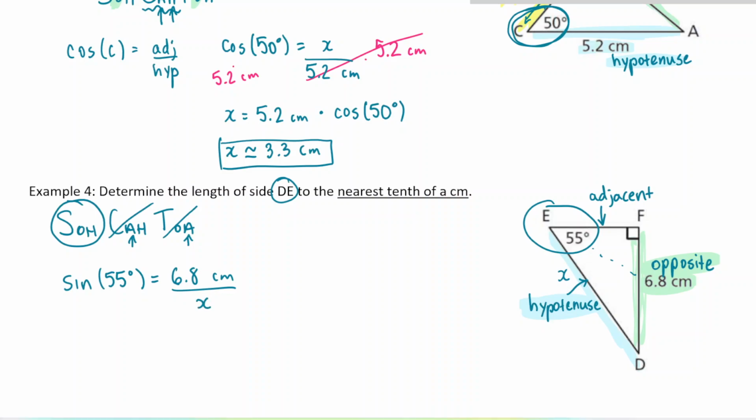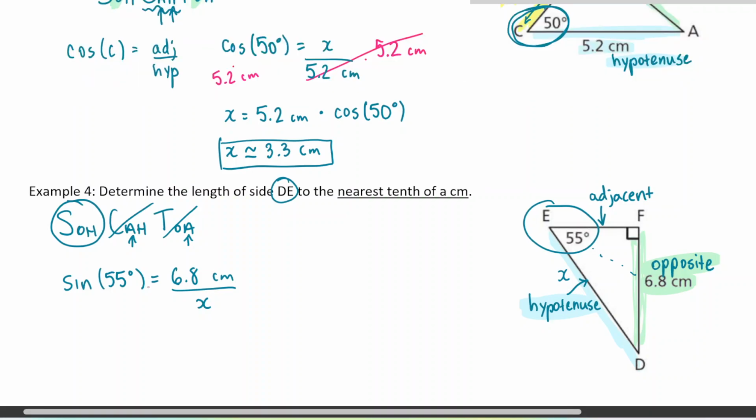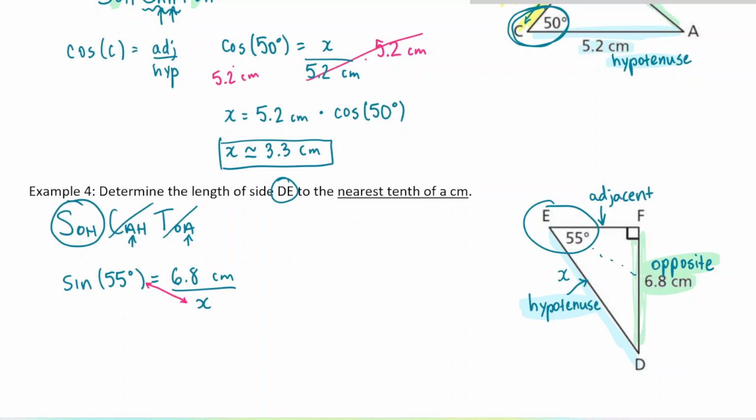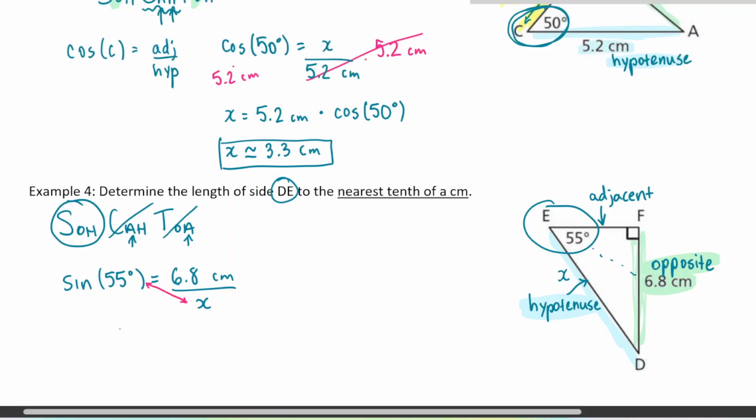Okay, so we can do opposite operations, or if we just remember that we switched places, these two. Essentially we're multiplying both sides by x and then dividing by sine of 55. So those two essentially just switch places. And we end up with x is 6.8 centimeters divided by sine of 55 degrees.